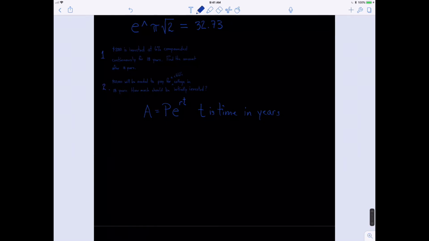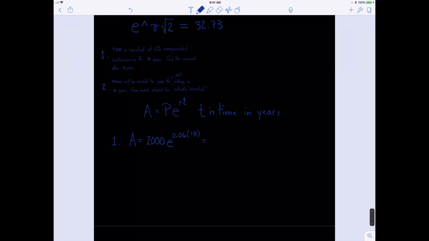So for number 1, the amount we're going to end with after 18 years is going to be the principal, that's 2,000, times e raised to the interest rate. The interest rate is 0.06, the 6%, and the time is 18 years.